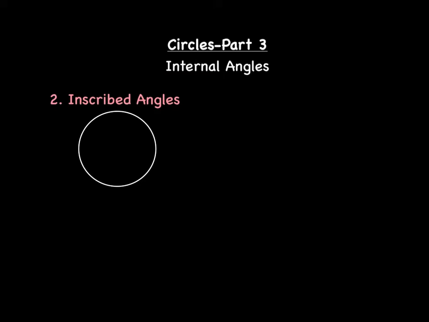Our next type of internal angle in a circle is what's called an inscribed angle. And just like we've talked about before, inscribed means written in. So this is an angle where the vertex is on the circle. So in this circle here, if this is A, B, C, the vertex is on the circle.